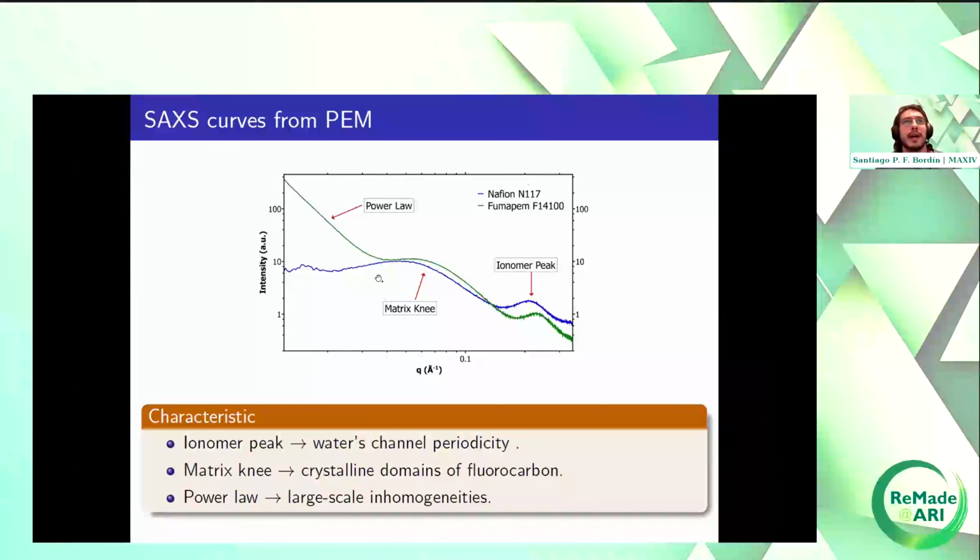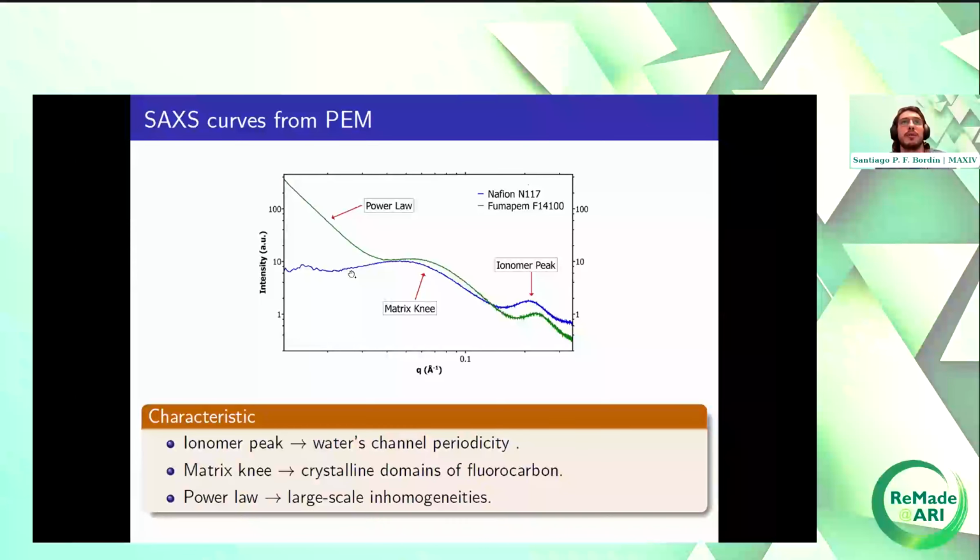Then here we have a matrix peak that is related to the crystalline domain that sometimes is formed by the fluorocarbon backbone in the chemical structure. Sometimes, if we go far enough in the low Q range, we can get this power law that is related to the large inhomogeneities that we can find in the membranes.